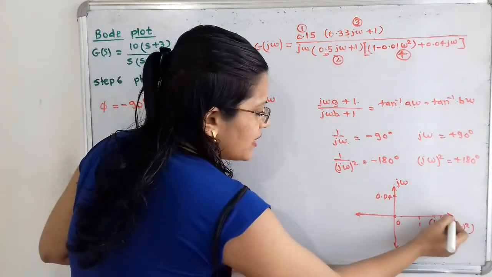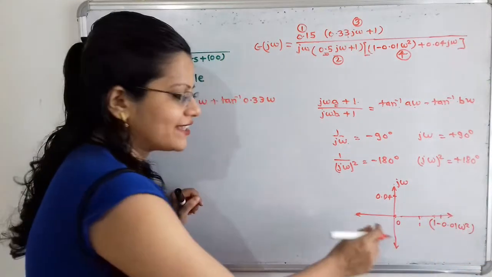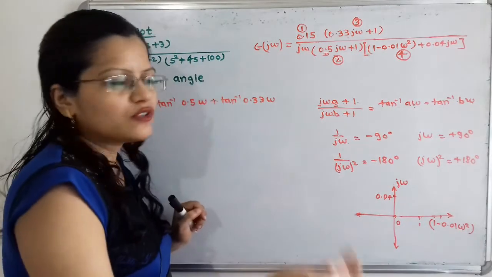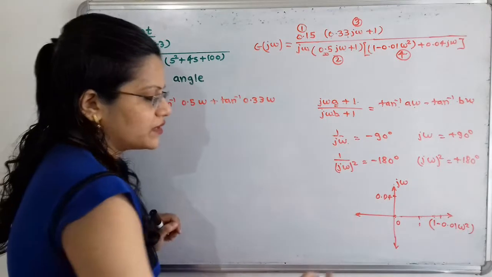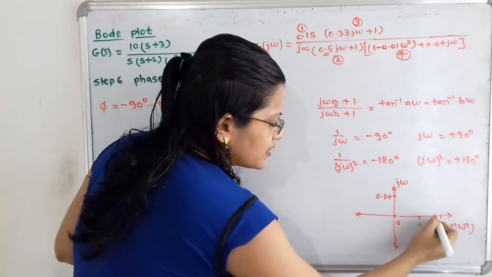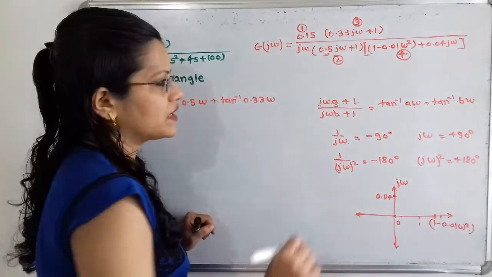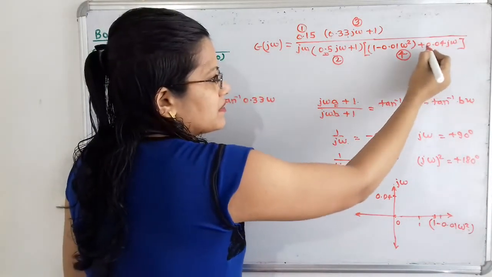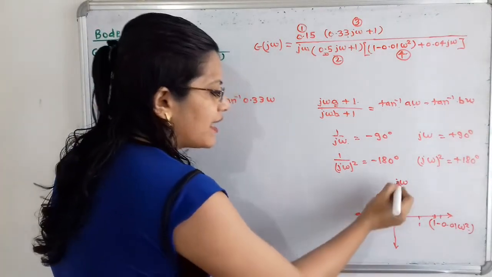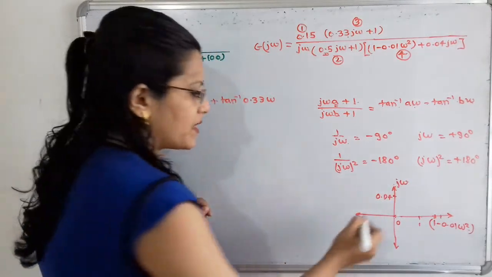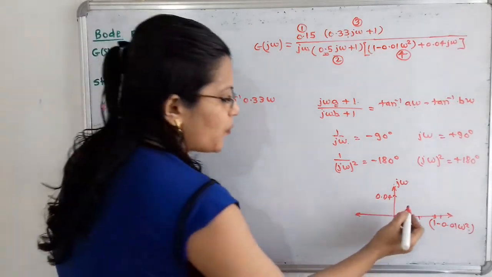The horizontal line is the real axis, on which we write 0, 1, 2 and so on, the positive real numbers. Here we have 1 minus 0.01 omega square, so I consider a random point for the real number 1 minus 0.01 omega square. And this j omega number, 0.04, is the imaginary number. The vertical line refers to j omega, so I take any random point 0.04. Now what is the point of intersection?